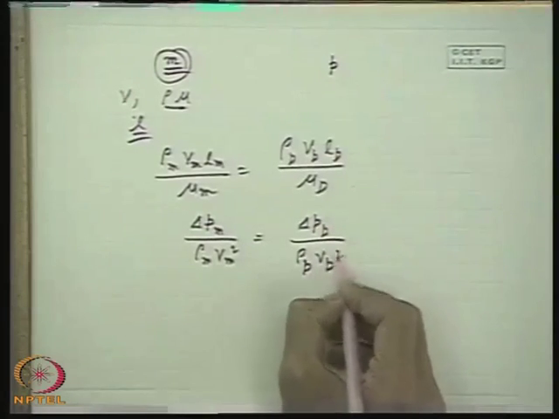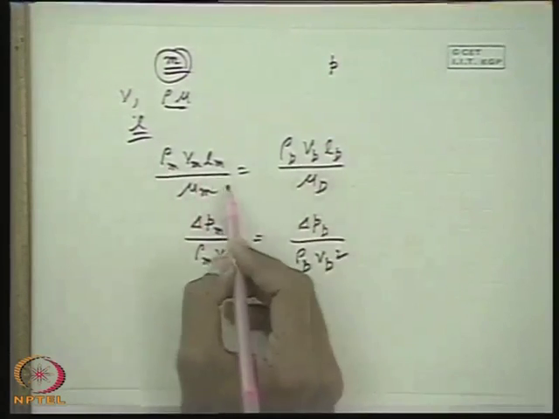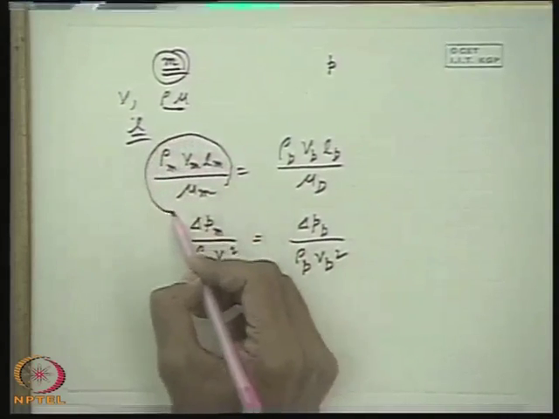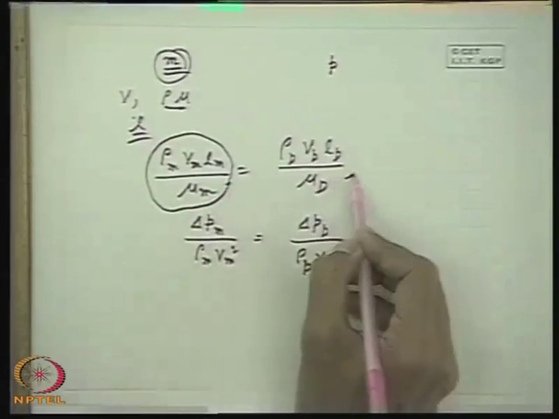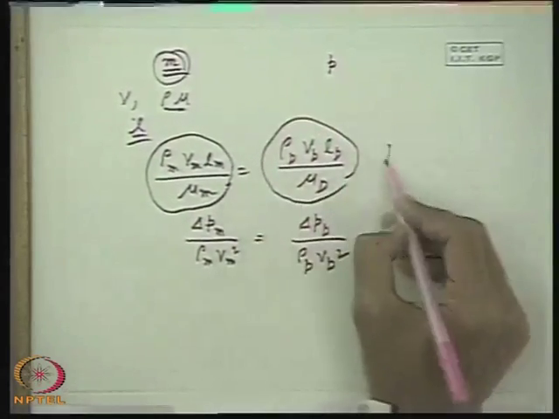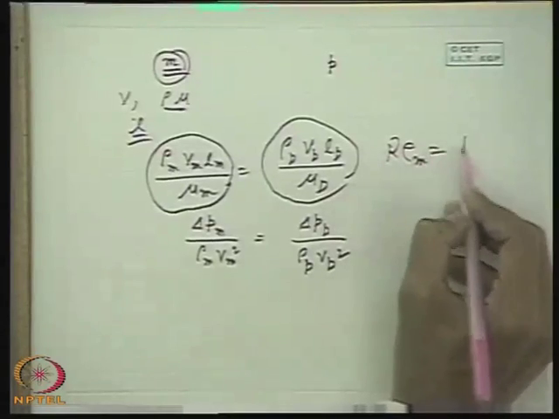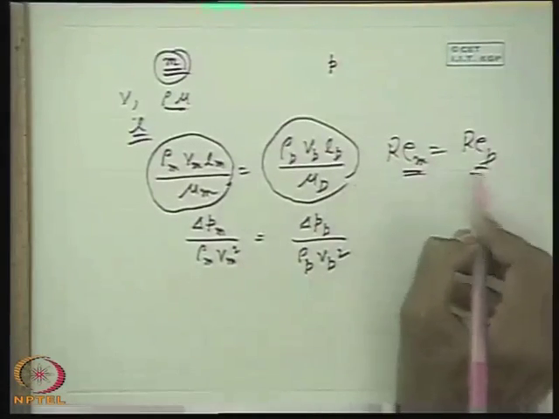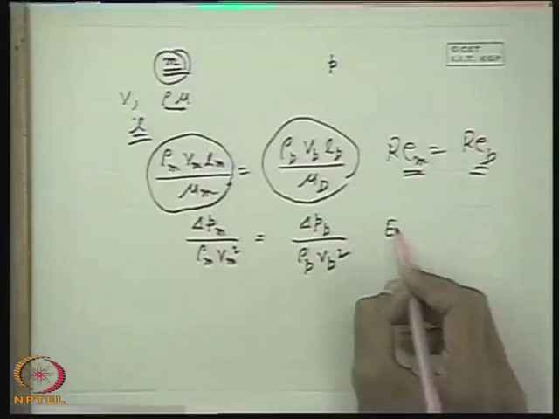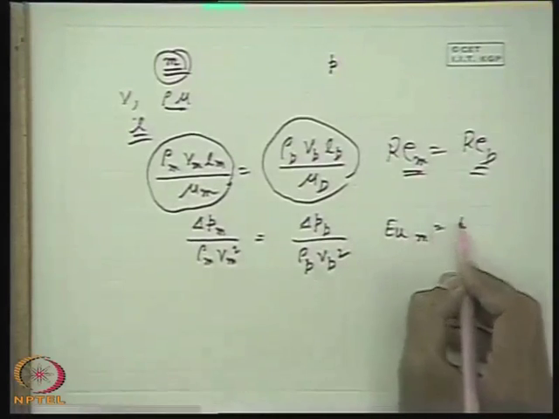I have to satisfy these conditions, so Re must be the same for both model and prototype, and equality of Euler number should hold.